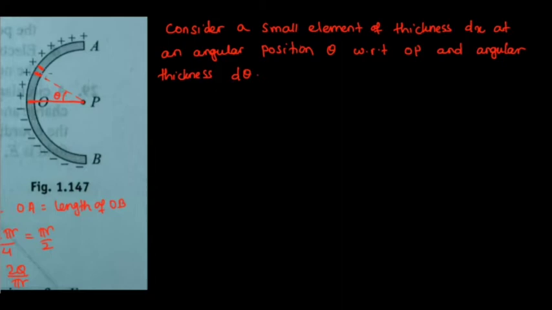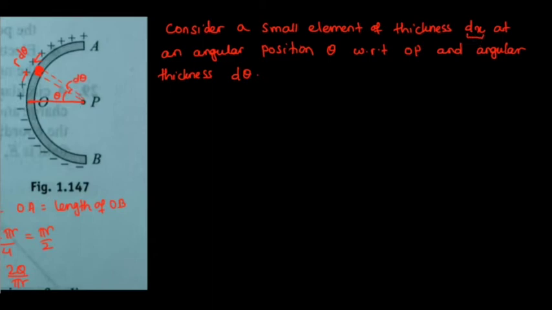If I join the two ends of the element at this point P, then this angle will be d theta. Is that clear? So now tell me, what will be the thickness of this element? This thickness will be r d theta, which is dx.